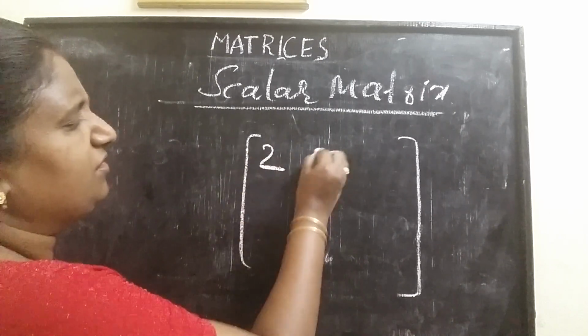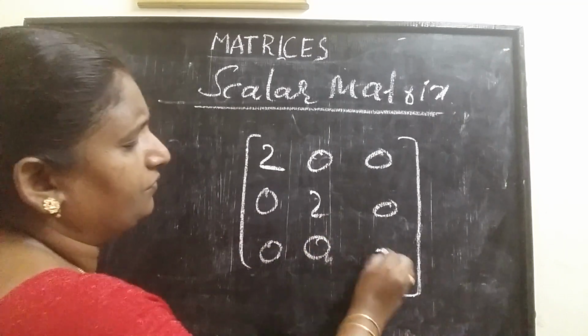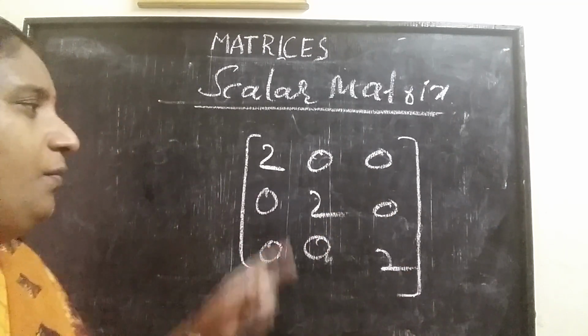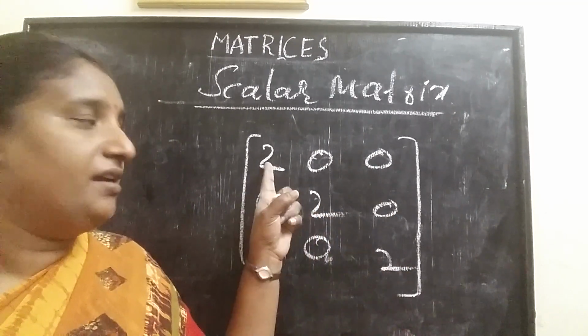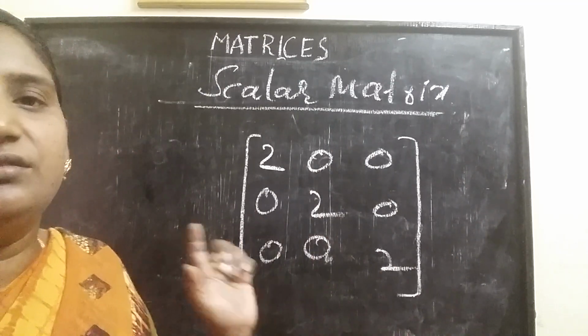See here: 2, 0, 0, 0, 2, 0, 0, 0, 2. What about the diagonal elements? All diagonal elements are equal and all non-diagonal elements are zeros.